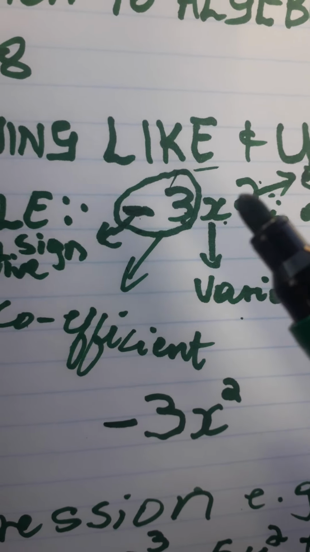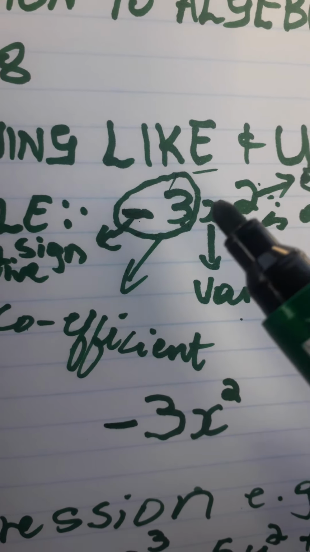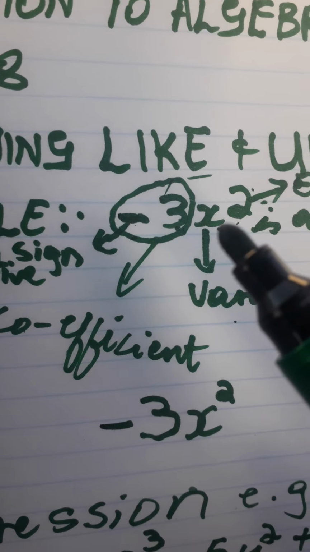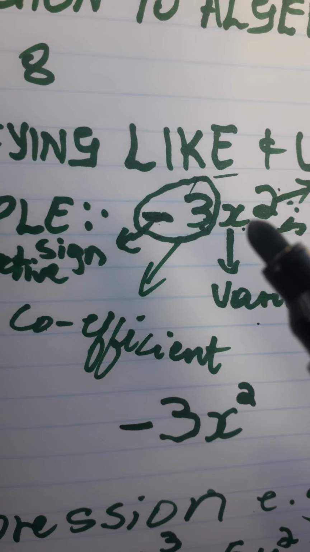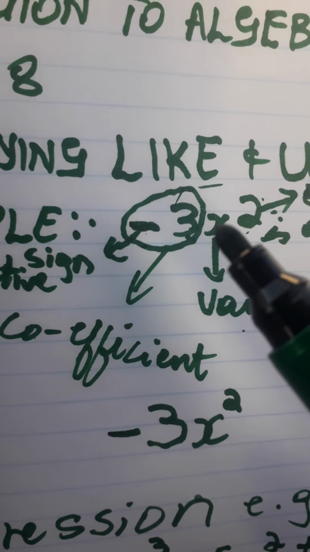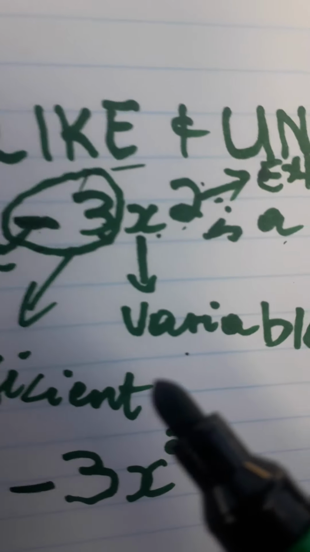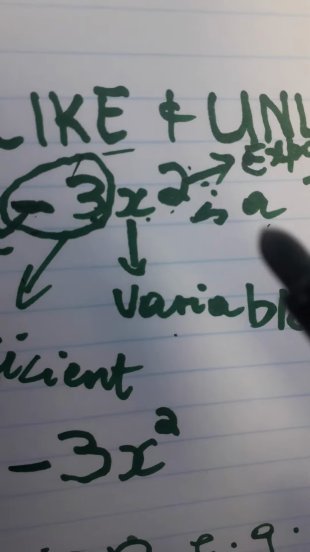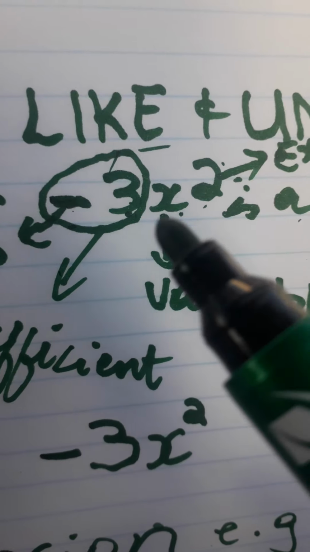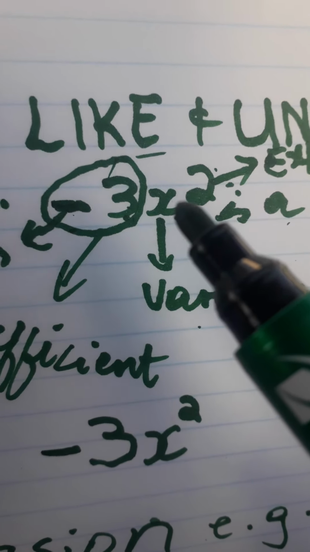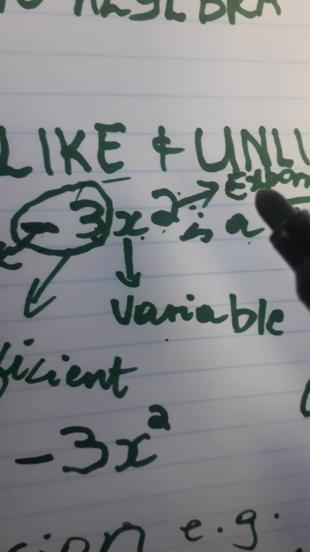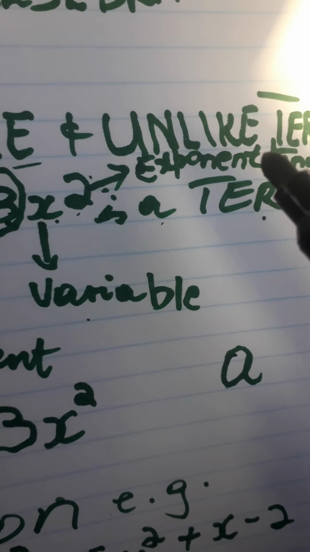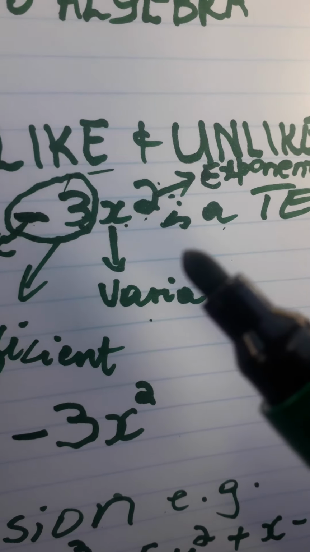In English, these are the letters of the alphabet, but in mathematics, they are called variables. So x is called a variable. Then there is this 2 on top of the variable. This 2 is an exponent or an index.